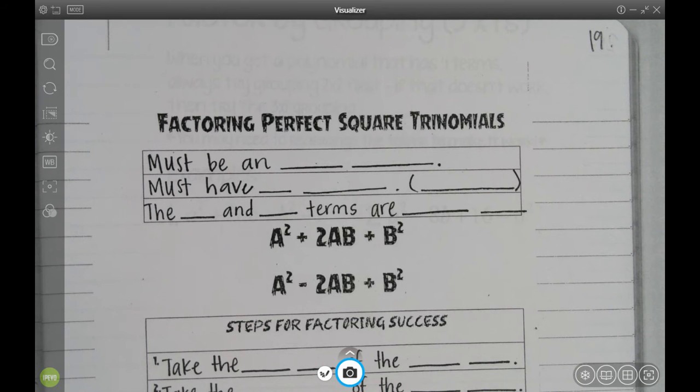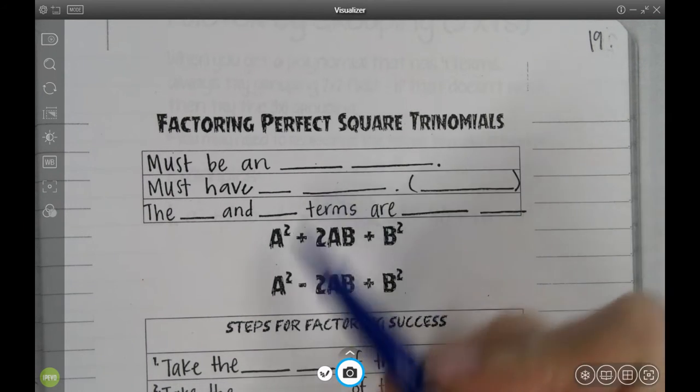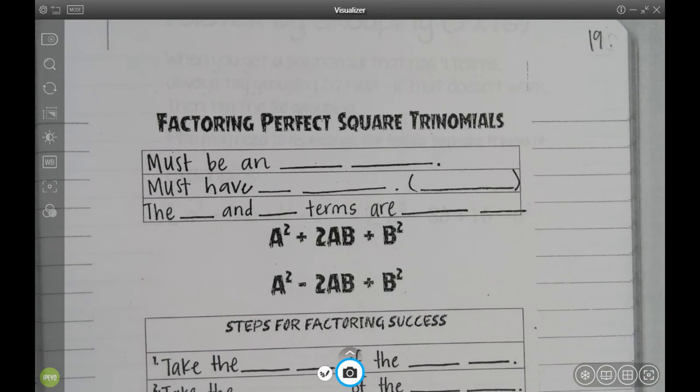Okay, this is another one where we have some examples at the bottom, so you might want to glue this towards the top if you haven't, or if you put it at the bottom, you might want to move it up.